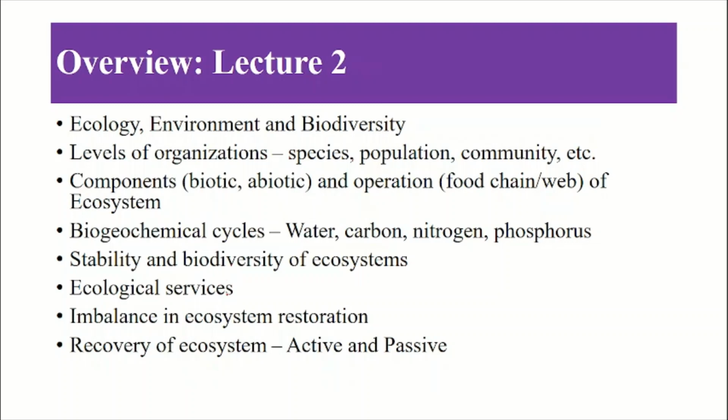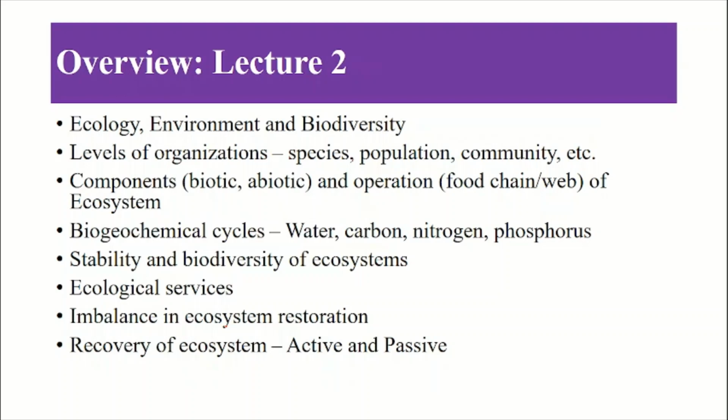And if these services are consumed by us excessively, it also leads to a disturbance in the ecosystem, so we need to keep a check on that. If that is not kept in check, it leads to an imbalance in the ecosystem.